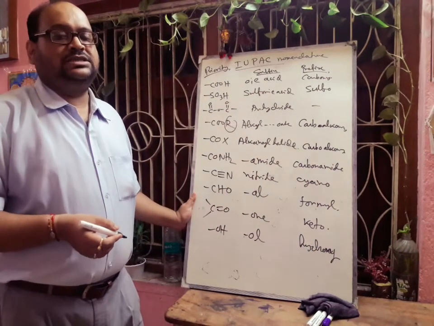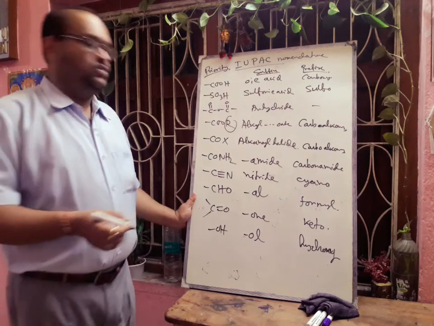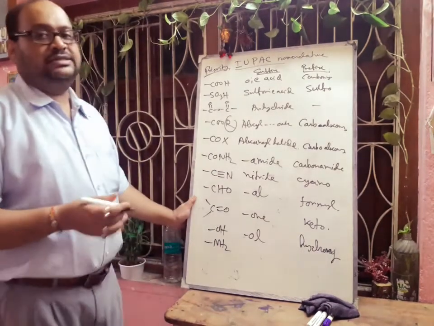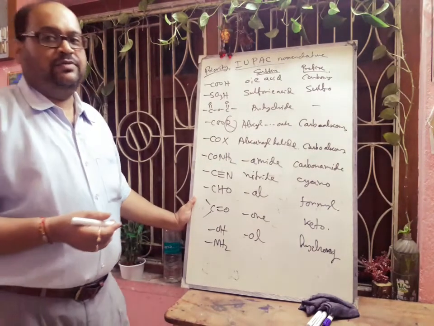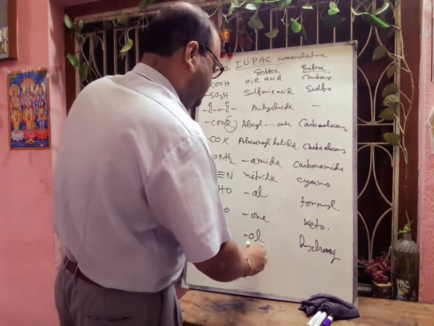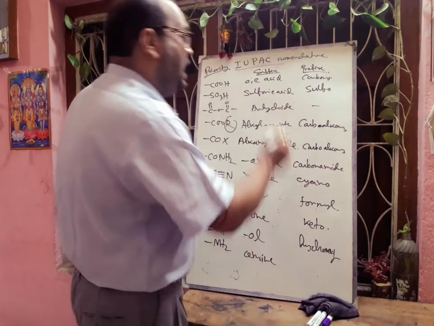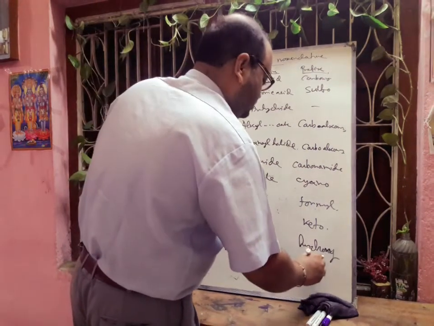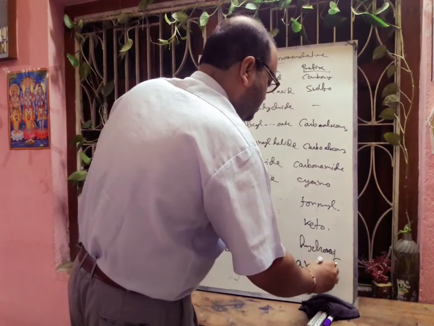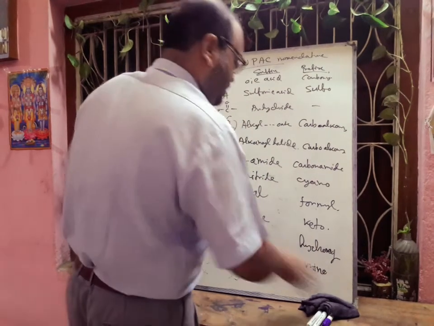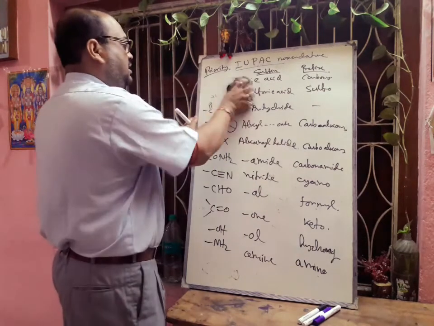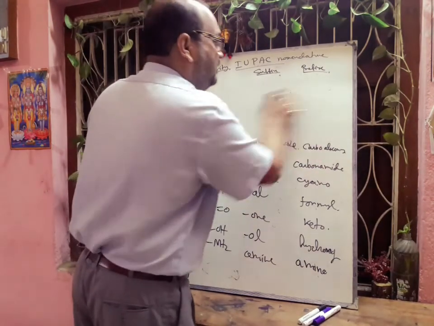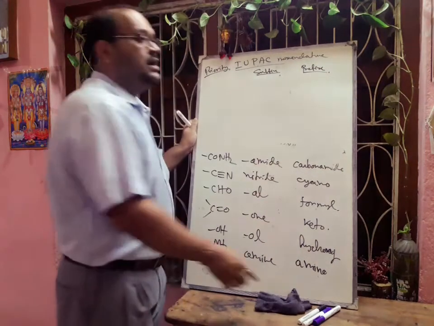Next we can think about the NH2 group, and here in suffix we have to add amine, and in prefix we will write amino. Whatever we are writing is according to the priority.